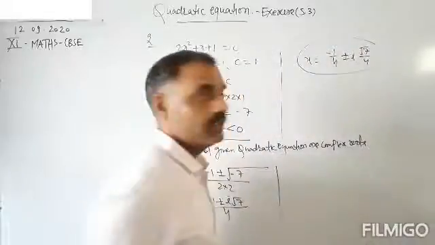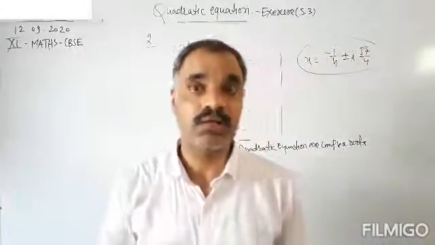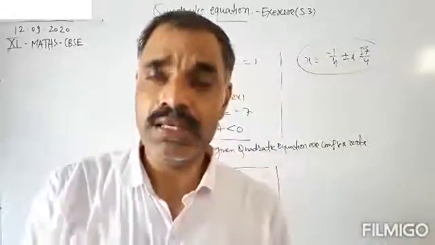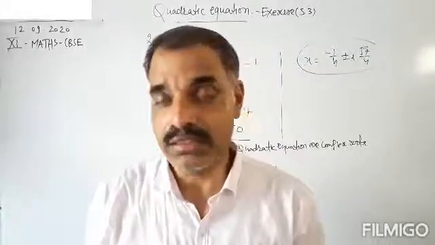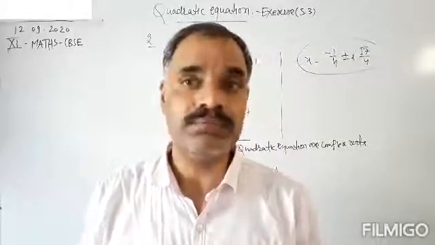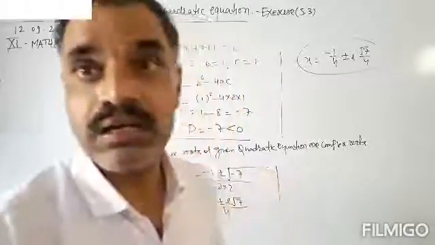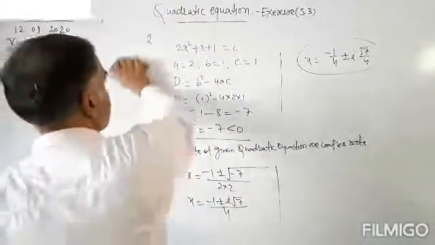So these are the complex roots of the given quadratic equation. Very simple. The method is the same as in class 10th, only the roots are complex roots. So this was question number 2.